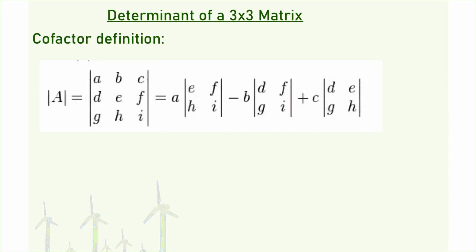So if we look at the top row, the first element is A. So I'm going to go ahead and write A down. Then what I do is I cross out the row and the column that A is in, and what I get is a mini matrix right here. So the mini matrix is generated by crossing out the row and column that A is in.